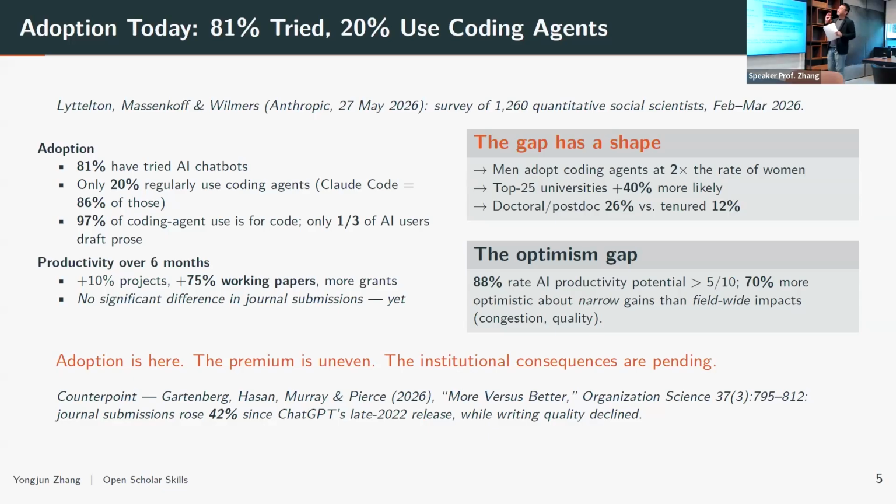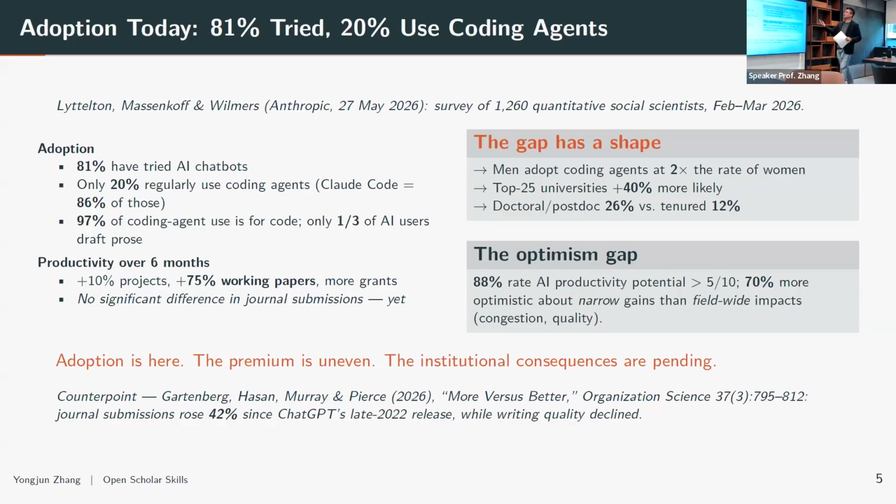But if you dive into the stats, it's unevenly distributed. Here, men adopt coding agents at twice the rate of women. Also, scholars at top 25 elite universities are 40% more likely to adopt coding agents.